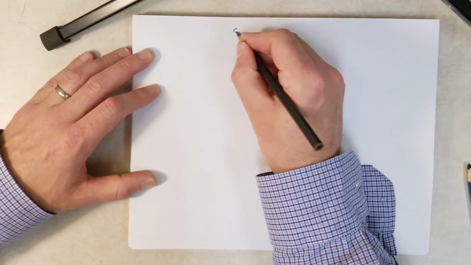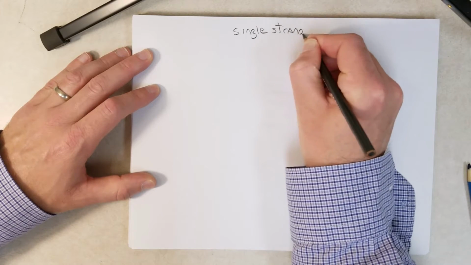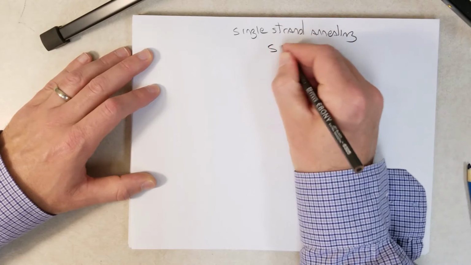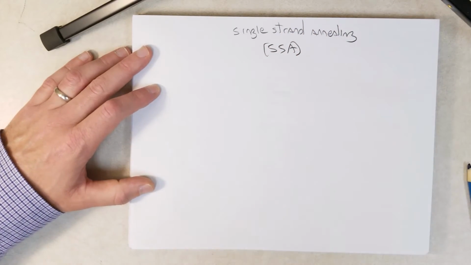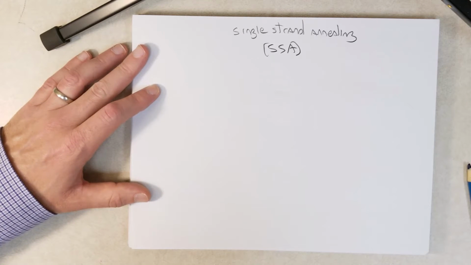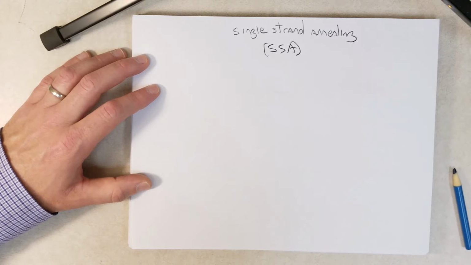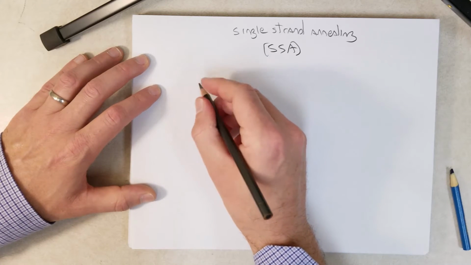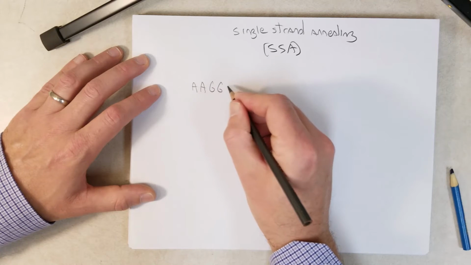Now let's take a look at the single strand annealing mechanism. This is SSA, and this is thought to work when there's a double strand break in a region that has a direct repeat. So what is a direct repeat? Well, let me take a sequence like this.